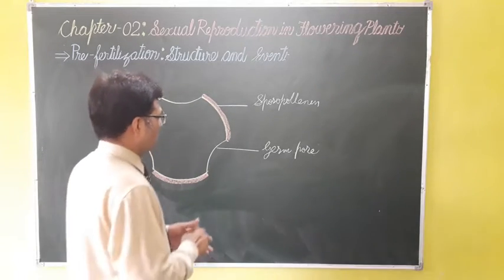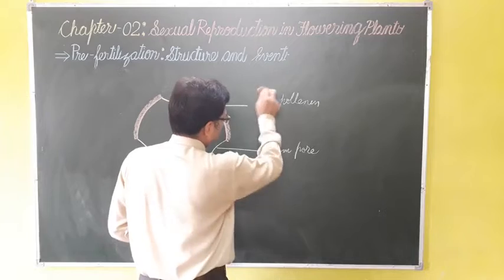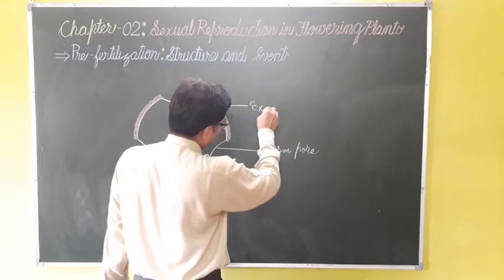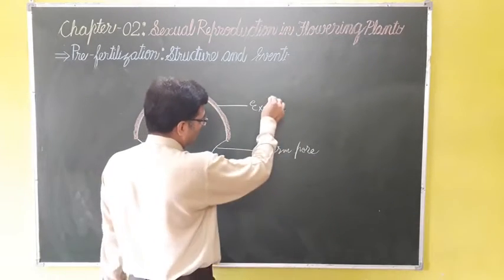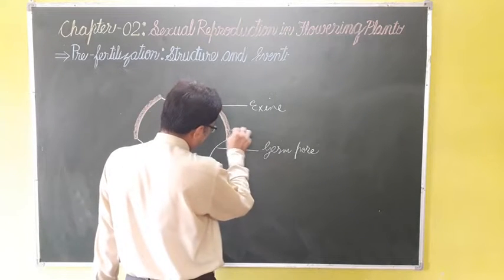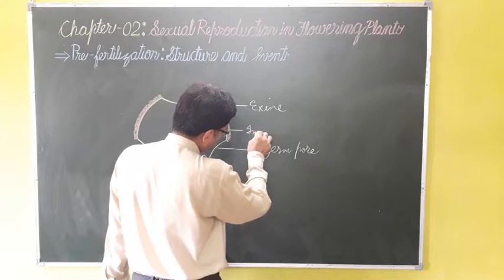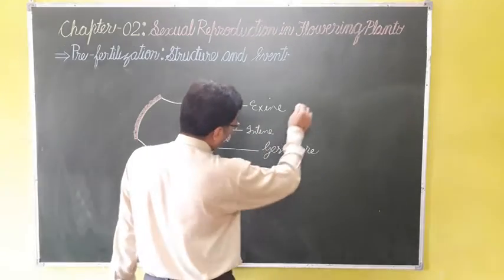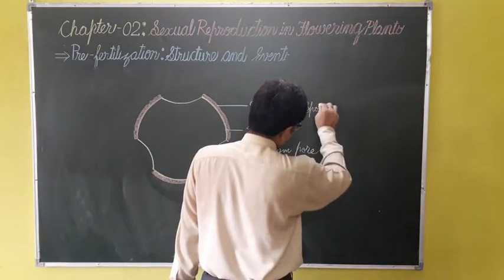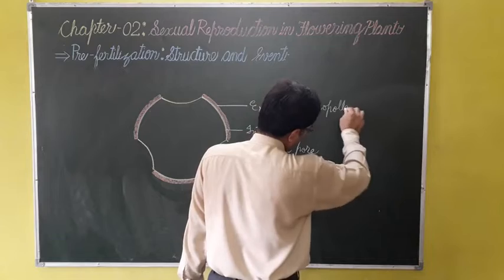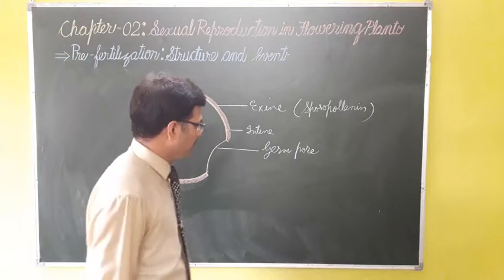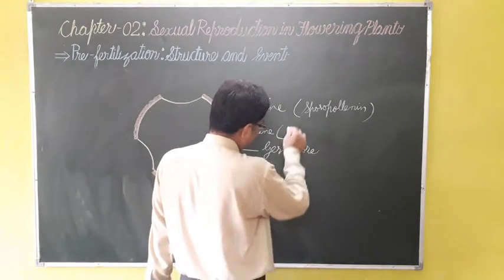Sorry, just listen. Actually, this is the outermost layer. It is called exine. Outermost layer of the pollen grain. It is called exine, and this is the innermost layer of the pollen grain. It is called intine. Right. Now, exine is made up of sporopollen, and intine is made up of pectocellulose.